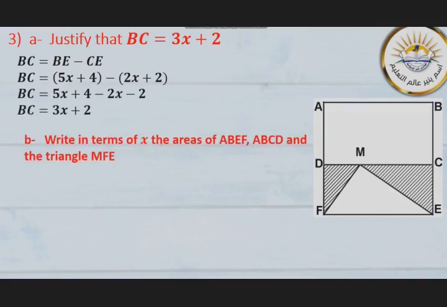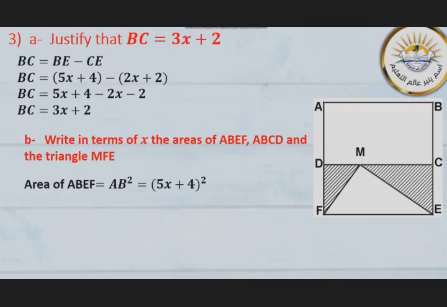B. Write in terms of x the areas of ABEF, ABCD, and the triangle MFE. The area of ABEF, which is the whole shape, is a square, so it is equal to a side times a side, or AB squared, which is equal to (5x plus 4) squared.